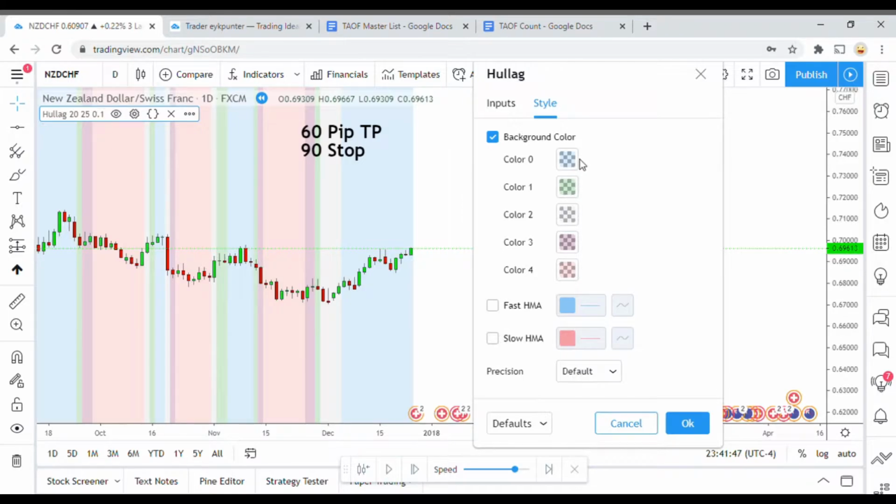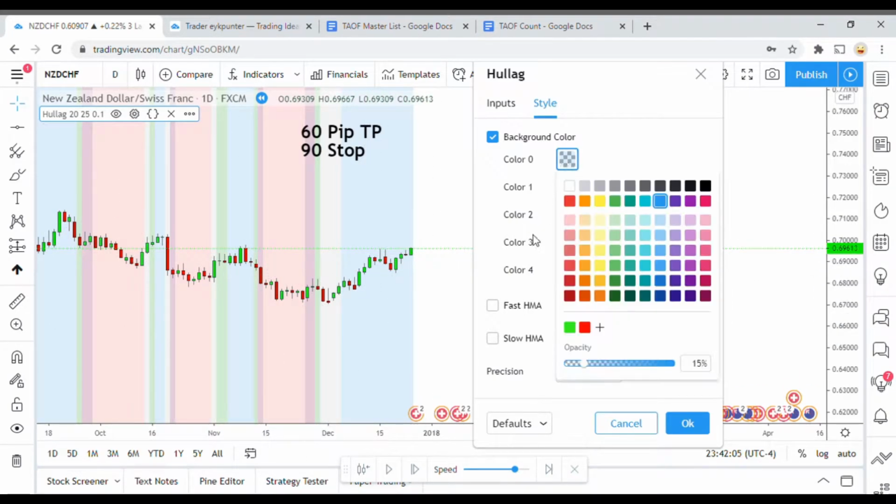Now, the next thing that I did was I went in and I wanted to isolate out the buy zones and the sell zones and get rid of the choppy areas. Now, oddly enough, they used a blue. Let's see here.